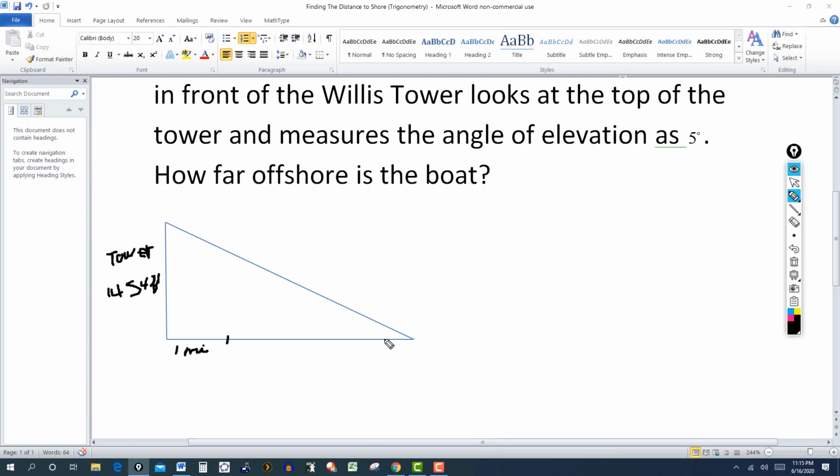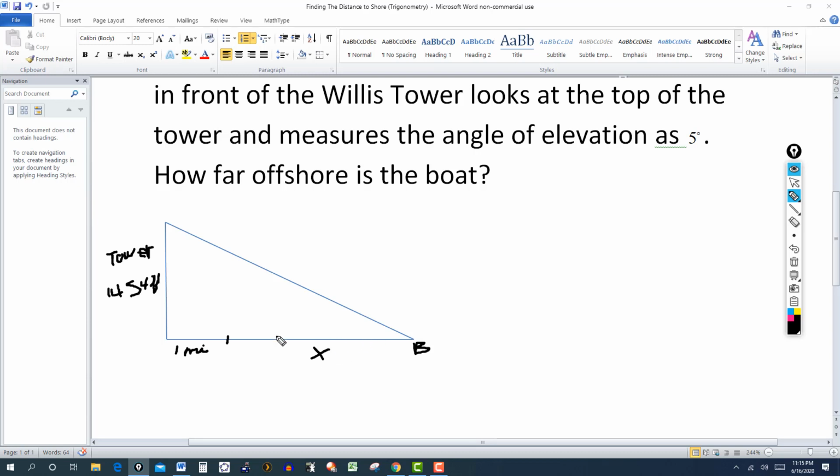Okay, and let's say the boat is over here somewhere. And say this distance right here, from the shore to the boat, is x, and that's what they want to know. From the shore to the boat, what's the distance?